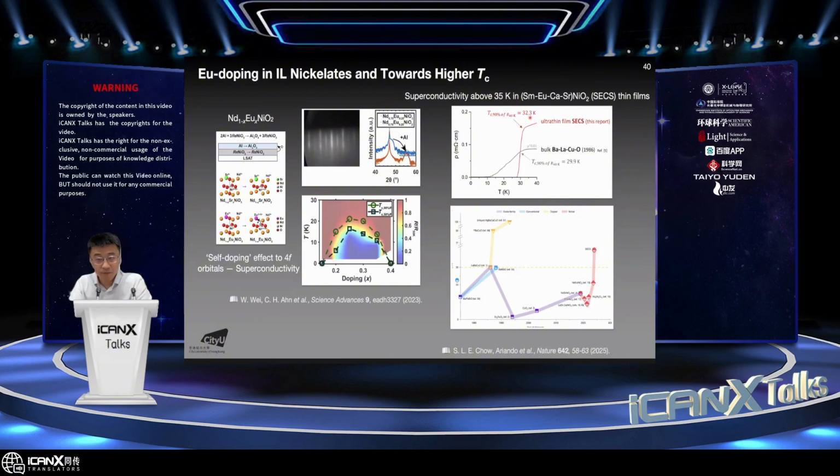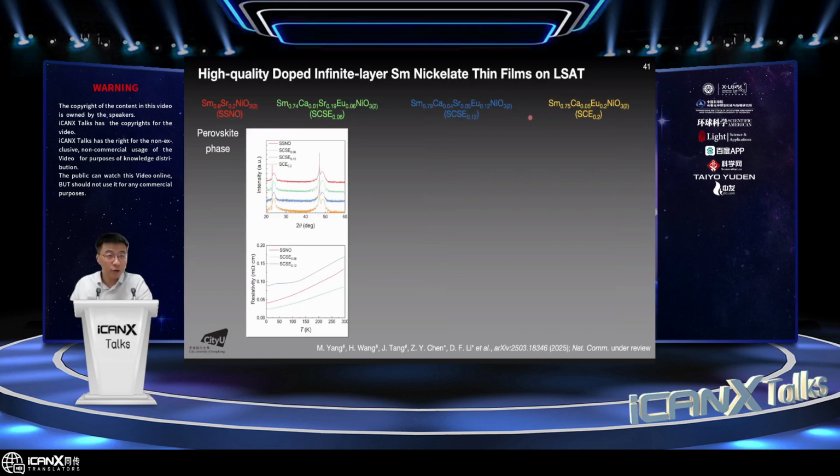So we did very similar things by growing doped samarium nickelate thin films on a different substrate, a more complicated substrate in terms of chemical formula, but in terms of the lattice, it's simpler than the substrate that Ariando's group used.